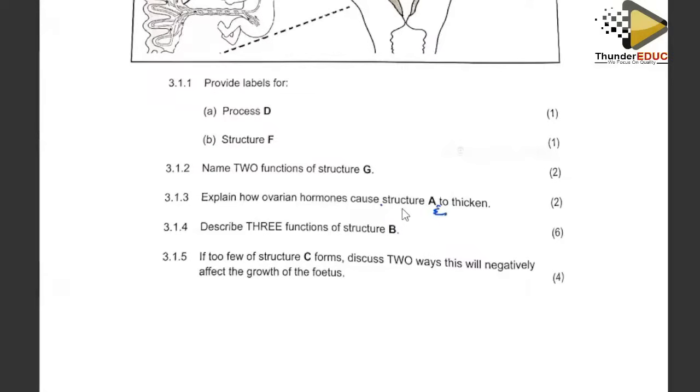One of the ovarian hormones, these are hormones which are produced. They work in the ovary. You understand? They work in the ovary. What do they do?